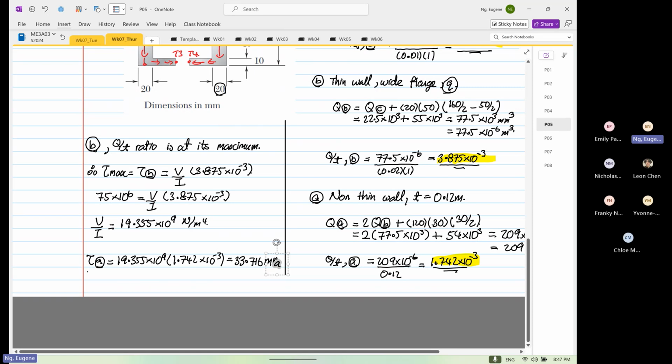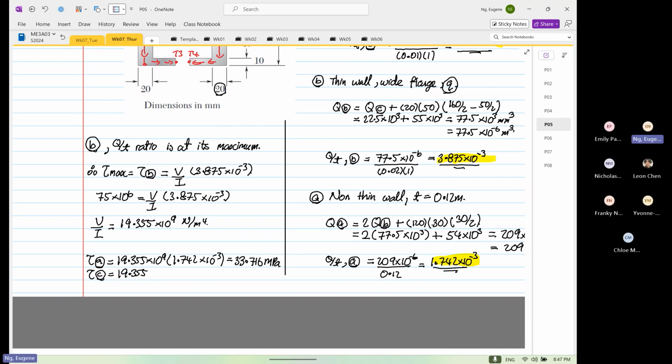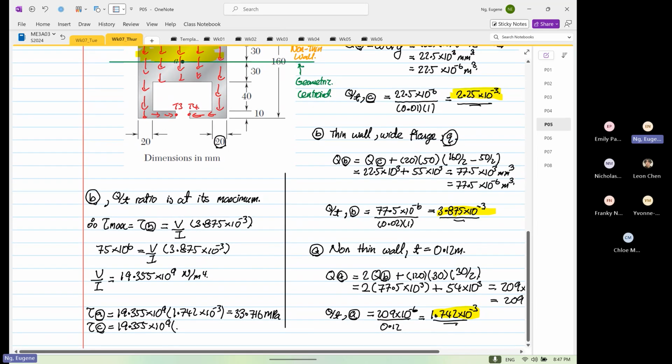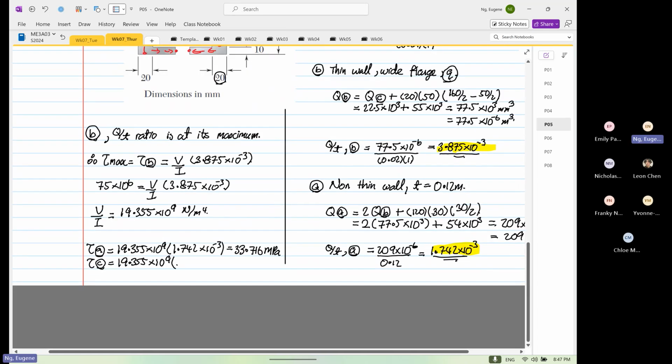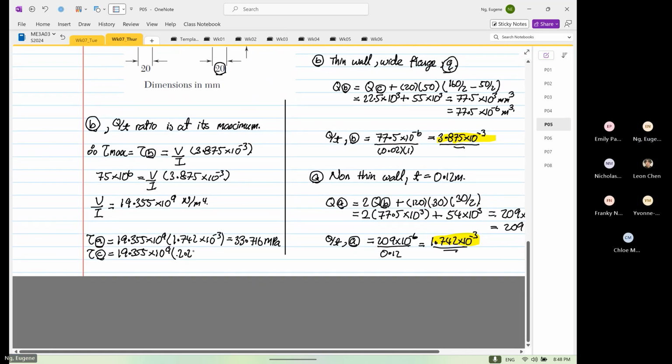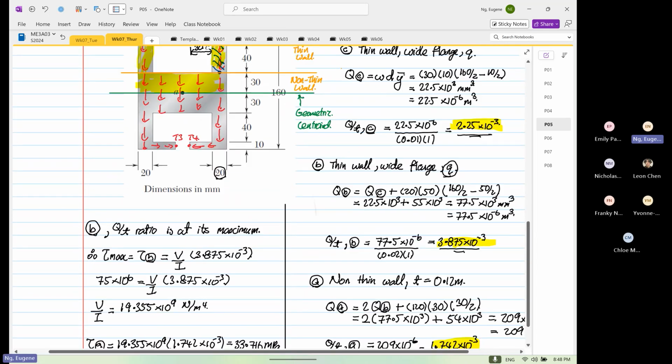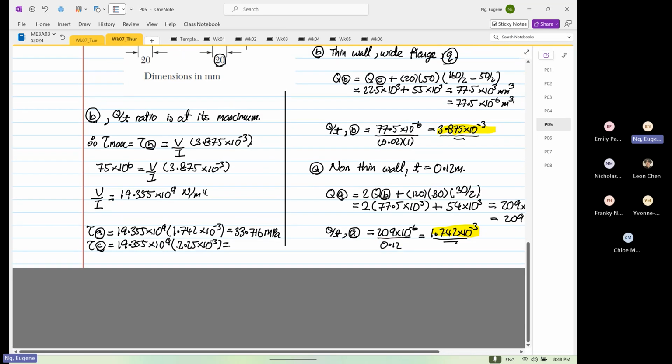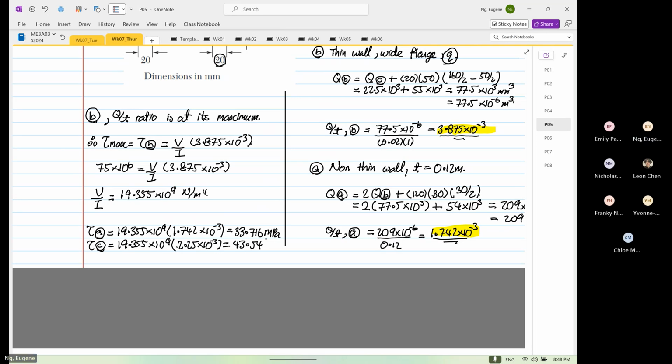And the shear stress at point C again is 19.355 times 10 to the power 9 multiplied by 2.25 times 10 to the power minus 3, which is equal to 43.549 megapascal, right?